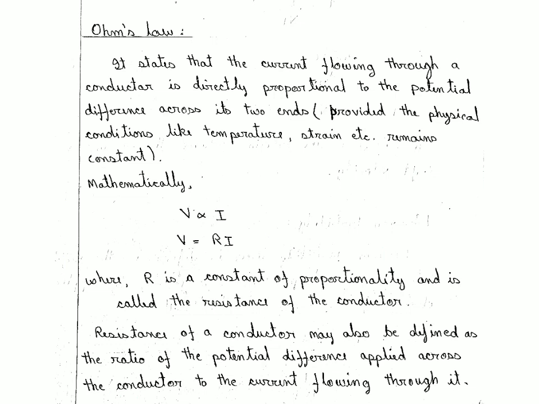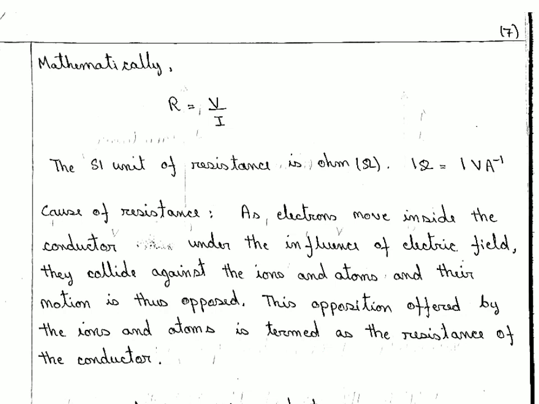And this R, the resistance, may also be defined as the ratio of the potential difference applied across the conductor to the current flowing through it. Mathematically, again from Ohm's law, we have V = RI, so R will be equal to V by I. The SI unit of resistance is the ohm, denoted by the symbol omega, and 1 ohm is equal to 1 volt per ampere.